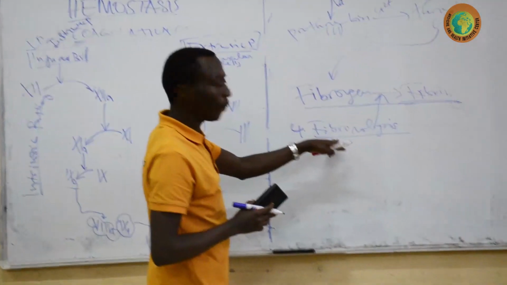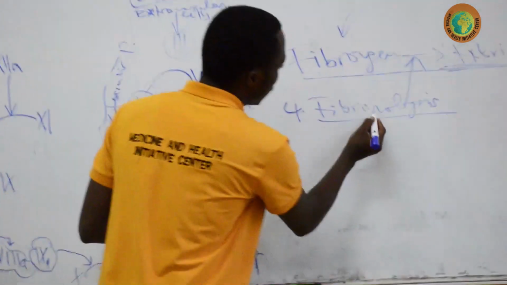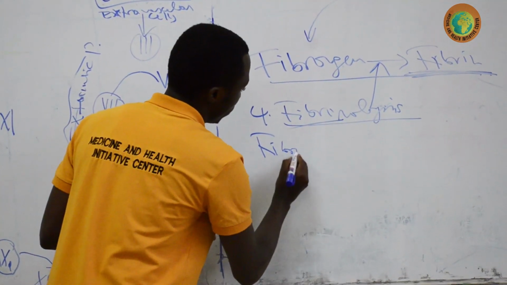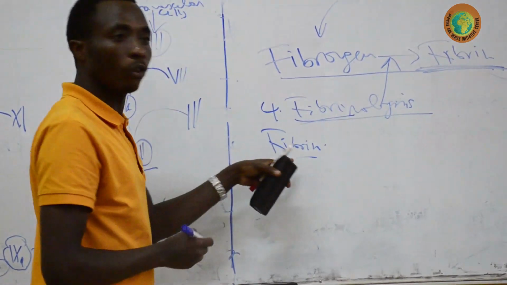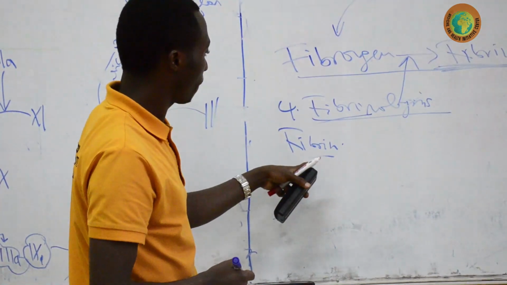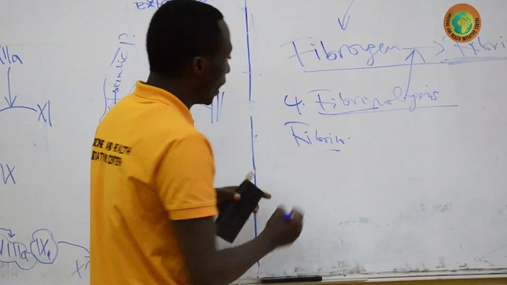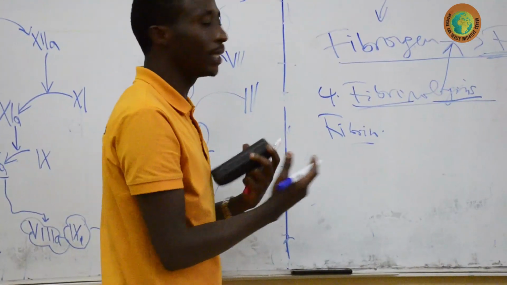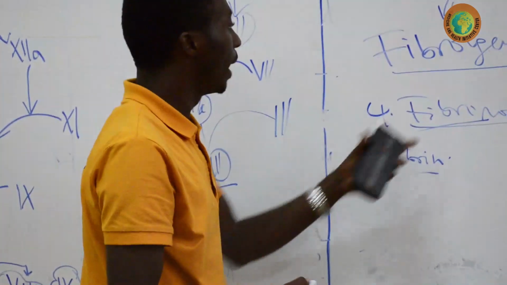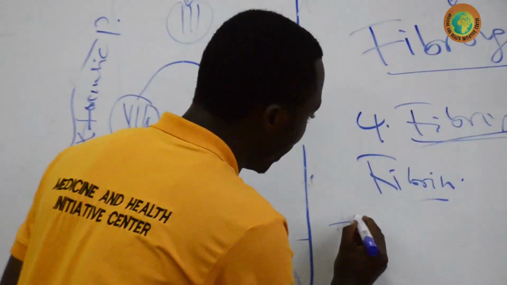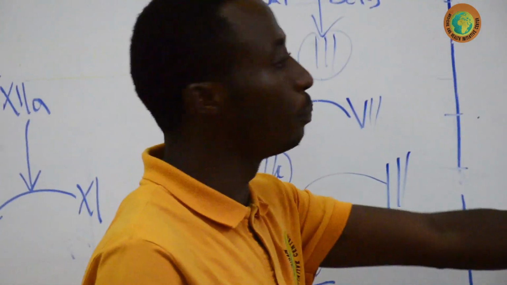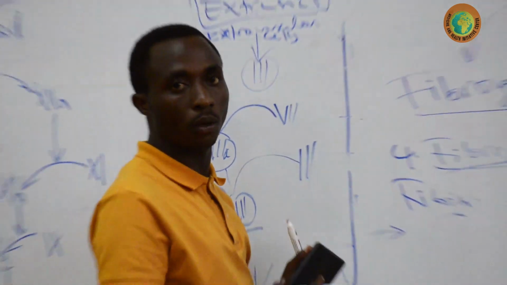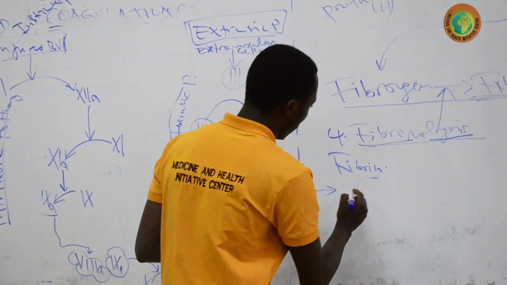It is composed of two words. First is fibrin, a kind of plasma protein. Second is lysis, which means degradation, destruction. Combined, it means degradation of the formed or stabilized clot.